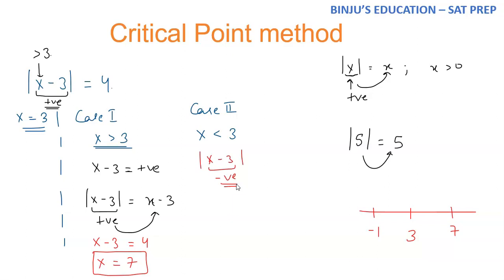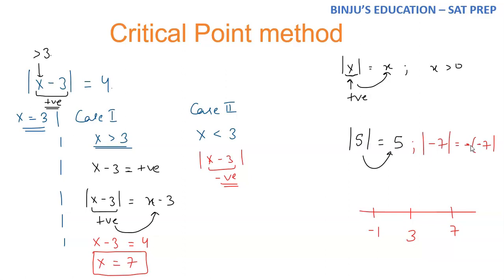It will be negative, right? Now the quantity inside the mod is negative. So if I take mod of minus 7, how do we open this? We open this as minus of minus 7, right? I told you, do not remember the answer, understand how it will become 7.